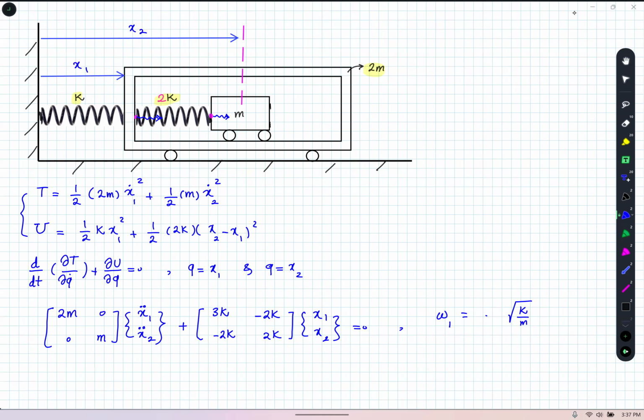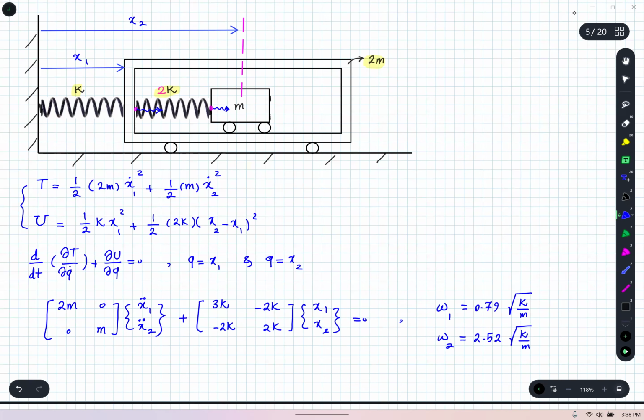My first natural frequency is going to be 0.79, and my second natural frequency will be 2.52. Perhaps I've done some rounding and simplification.